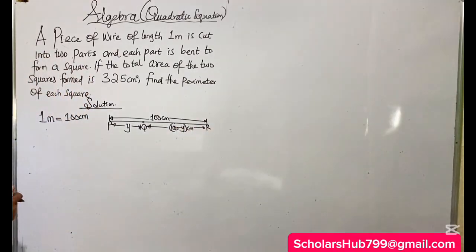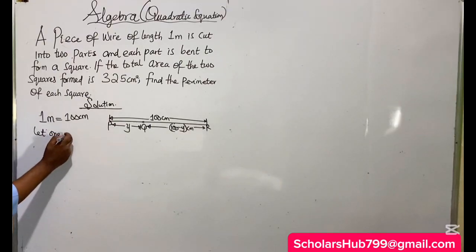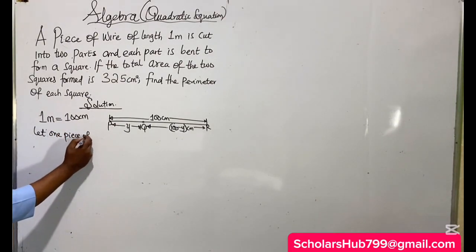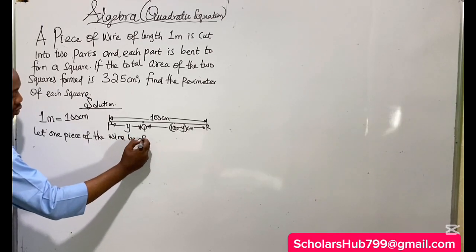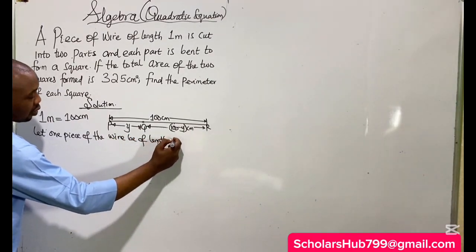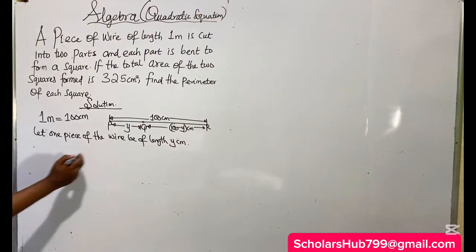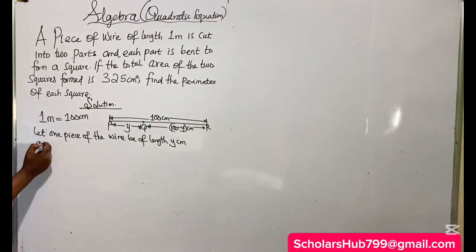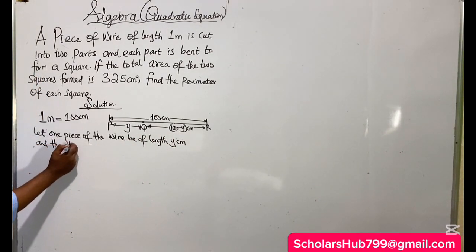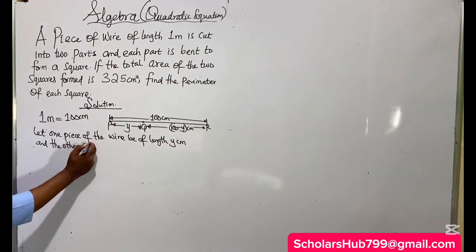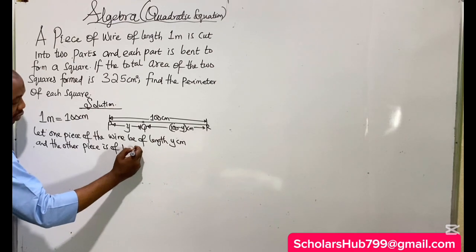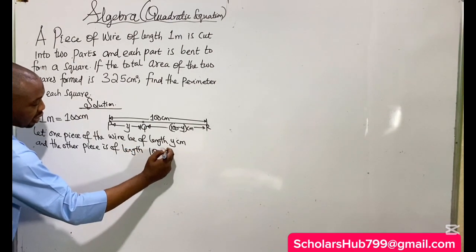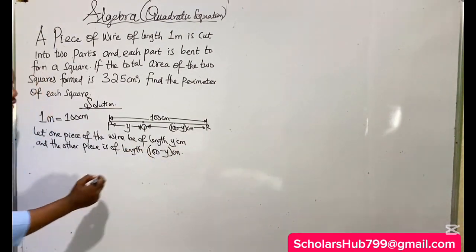So let one piece of the wire be of length y centimeters, and the other piece be of length 100 minus y centimeters.